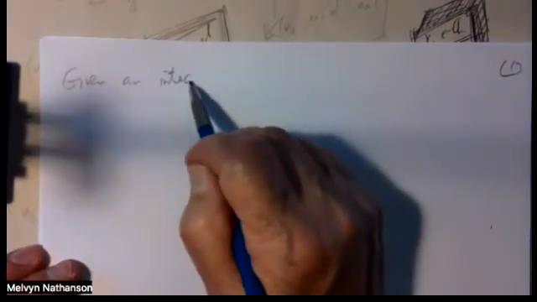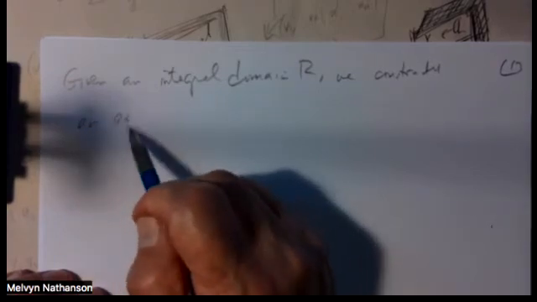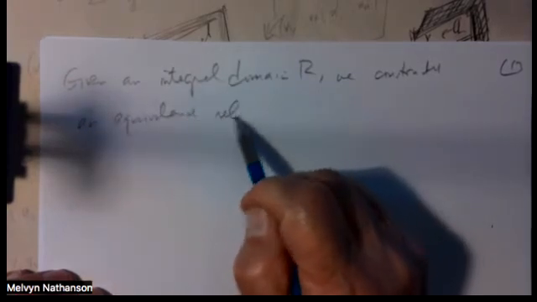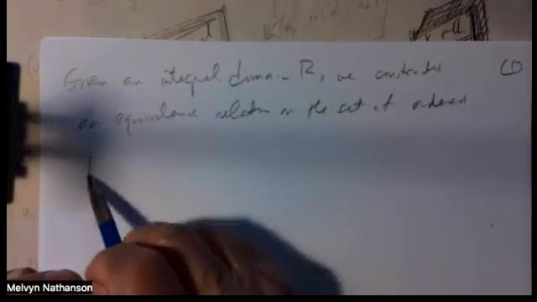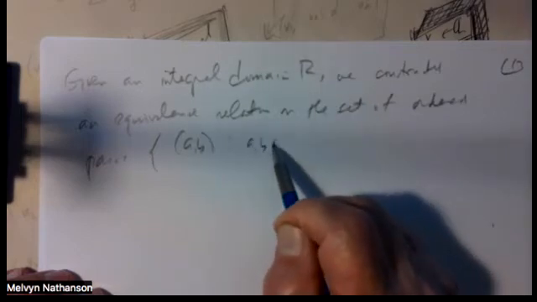So what I've just done is the following. Given an integral domain R, that is a commutative ring with cancellation, we constructed an equivalence relation on the set of ordered pairs A comma B, where A, B are in R, and B is not zero.